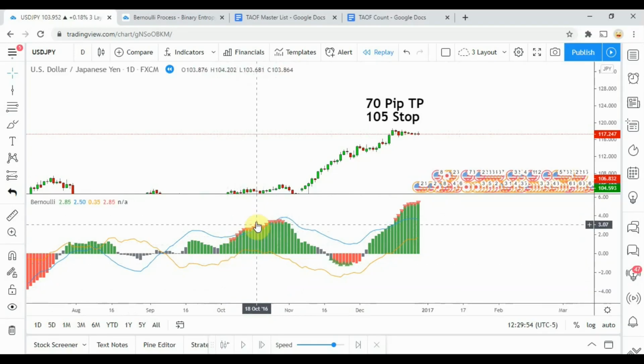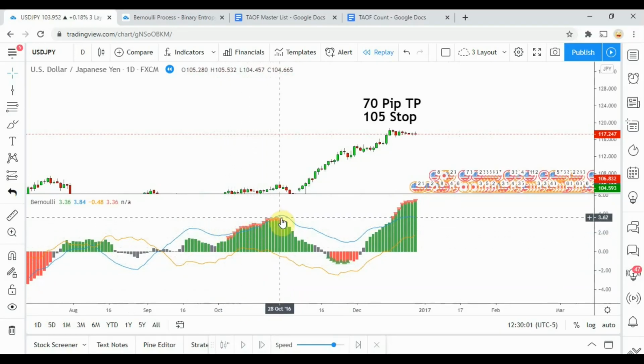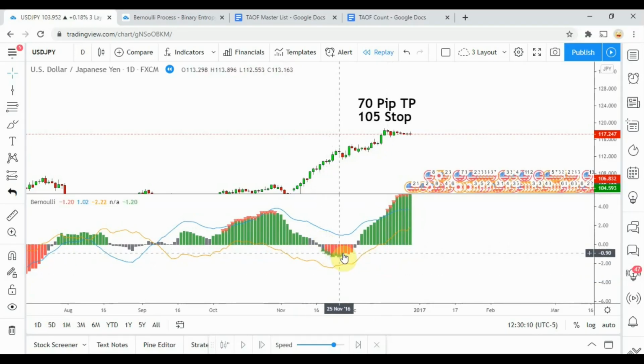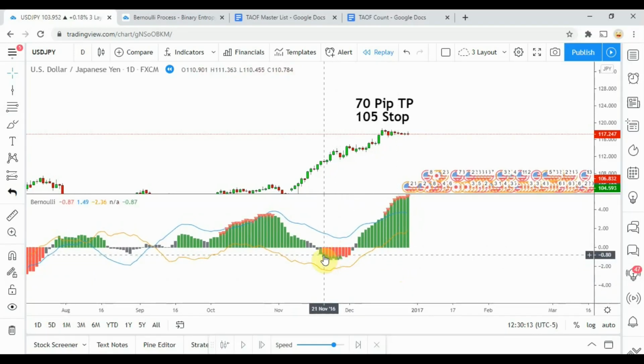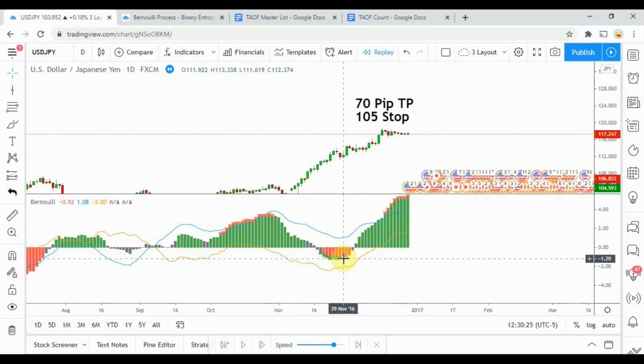So on the upper side, when we have the green histogram bars and the red triangles taking place, as soon as the red triangles disappear, that is a signal to go short. And on the reverse side, when we have the red histogram bars on the lower side and the green triangles appear, as soon as the green triangles disappear and stop projecting on the chart, that is a signal to go long.